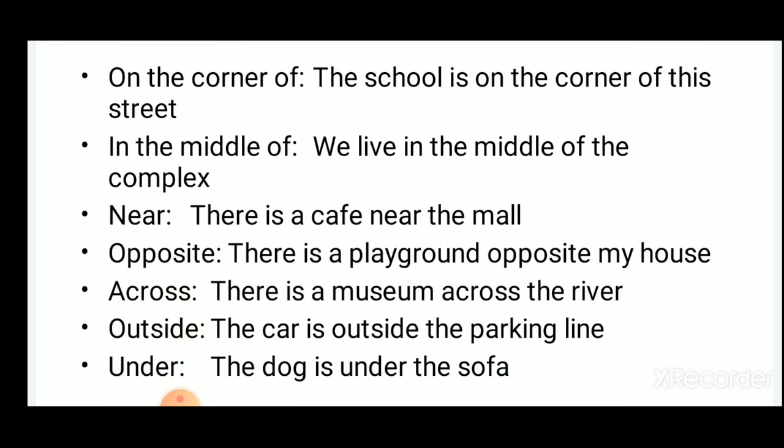Near: this is a common preposition, near. There is a cafe near the mall. Opposite: this is also a very common preposition, opposite. There is a playground opposite my house. Means facing my house in the opposite direction.